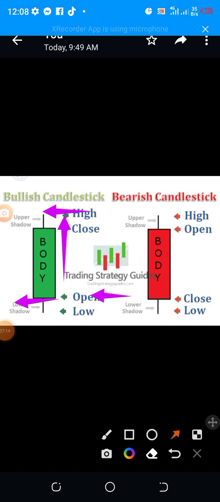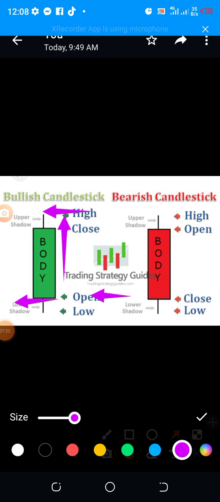That is where you can see the high. After that the seller came in and pushed the price low, from here to this point where the body closed. So there the candle did what? It closed. All right, so how is a candle formed?